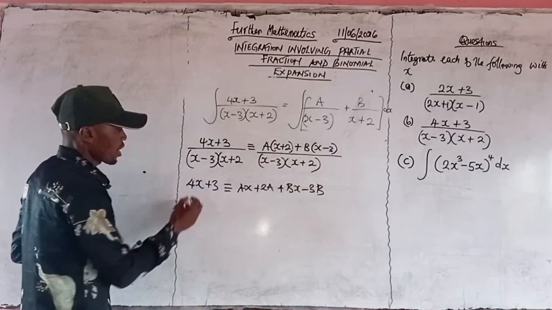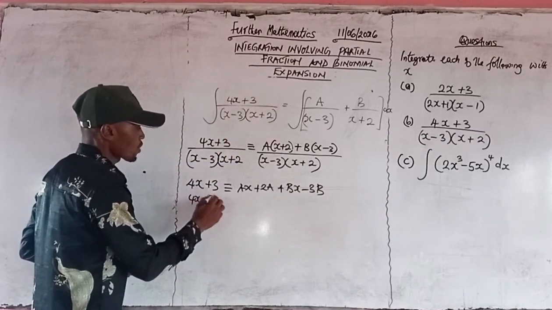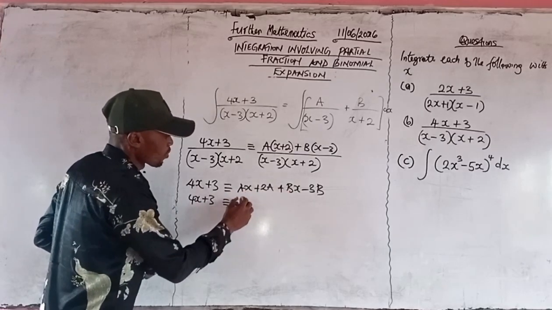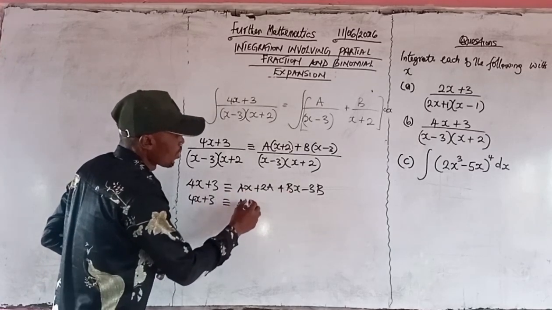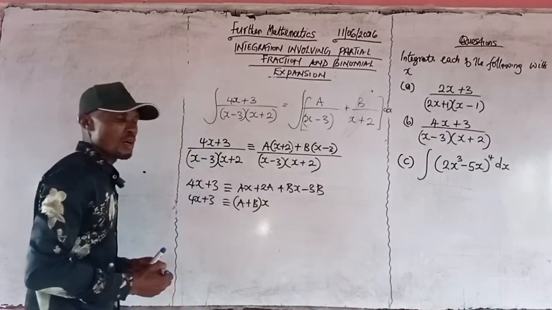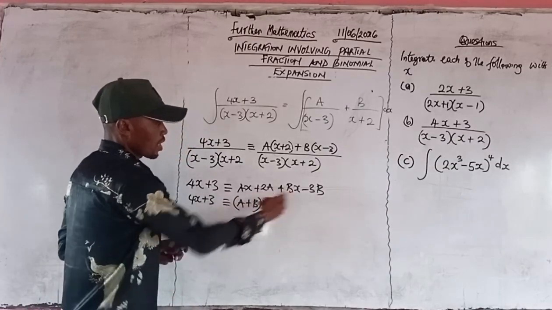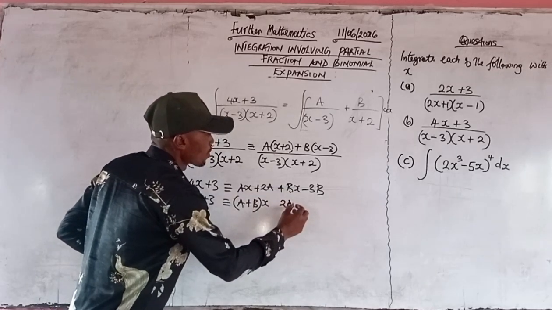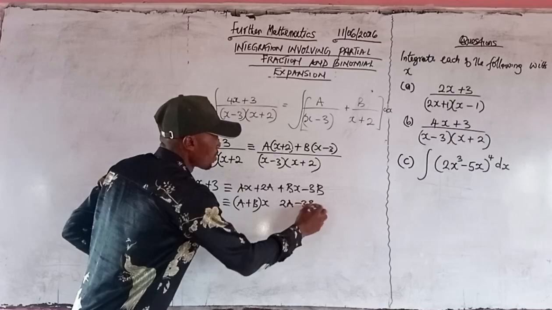So collecting like terms, I have 4x plus 3 is now equivalent to a plus b all multiplied by x, and I have 2a minus 3b.